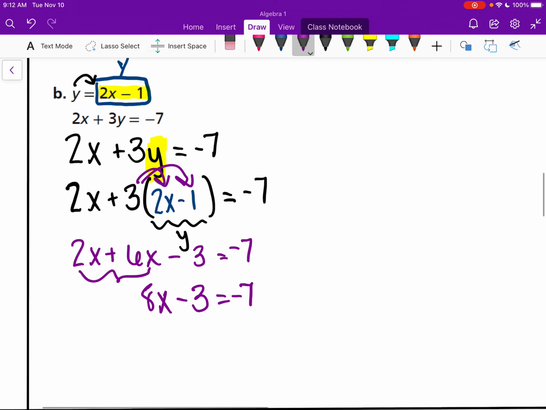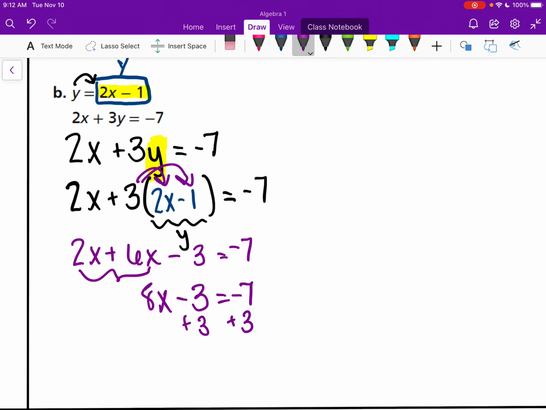If I want to get that variable alone, I need to add 3 to both sides and undo that subtraction. Bring down my 8x equals negative 7 plus 3 is negative 4. If I divide by 8, I can end up with x equals, and negative 4 divided by 8 is a fraction that reduces to negative 1/2.